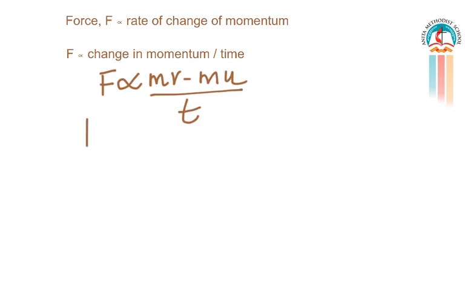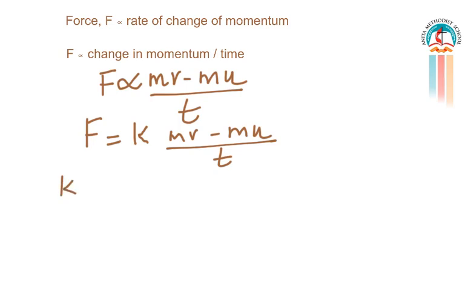When we remove the proportional sign, we have to write the constant, which is equal to k (mv minus mu) by t, where k is equal to 1 in all system of units.